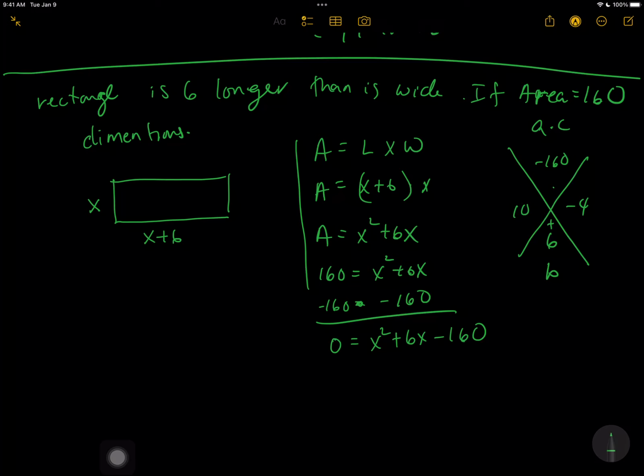How about 16 and negative 10? Yeah, that'll work. How come I didn't see that immediately? That tends to be the case.